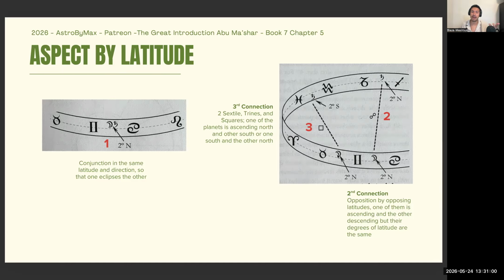Because Abu Mashar tells us that sometimes a planet applies to a planet in longitude zodiacally, but another in latitude. And Abu Mashar gives us an example from Dorotheus, and the word that's used here that's translated is white slave, but it's not actually what the Arabic says.